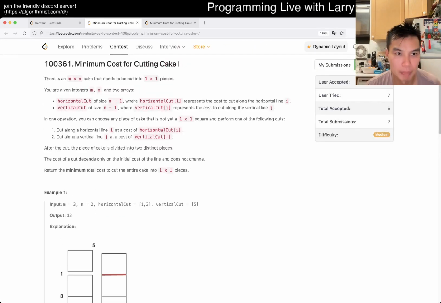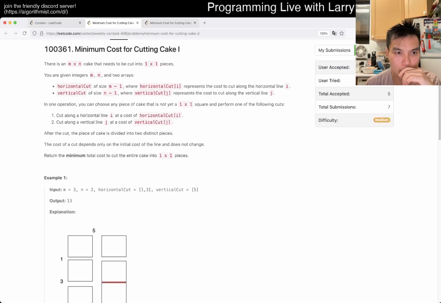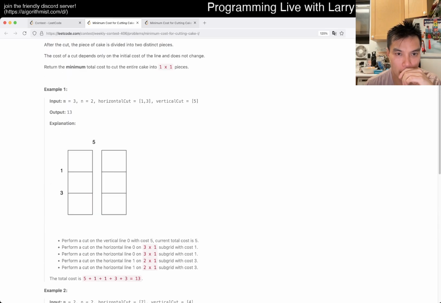Need to cut into one pieces. Minimum cost. Okay, so this is a DP problem, or maybe even a brute force problem. So horizontal cut, vertical cut, that's going to cost 5.